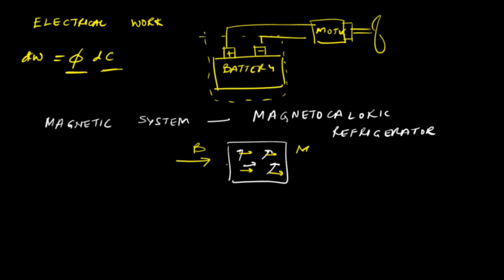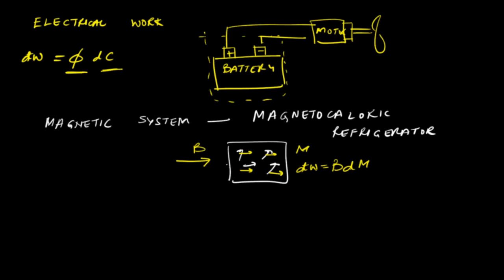So the work that you need to do to change the magnetic moment by dm is given by B times dm, and this is the work for a quasi-equilibrium process where the magnetic dipole moment changes by dm due to application of magnetic field B. Such kind of work is done in magnetic systems, for example the magnetocaloric refrigerators. This is an example of a refrigerator where you don't use the vapor compression cycle. You can use magnetic fields to achieve refrigeration.